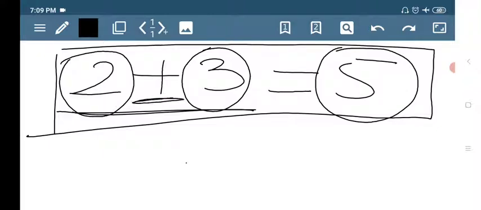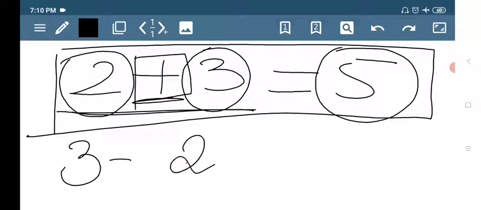So, what do you call plus? Plus is an operator. Even if you have 3 minus 2 is equal to 1, what is minus here? Minus is also an operator. Okay?